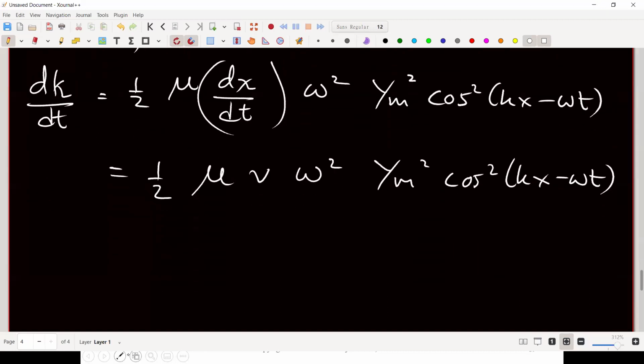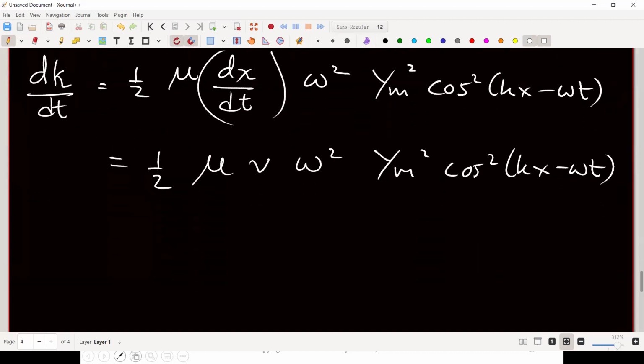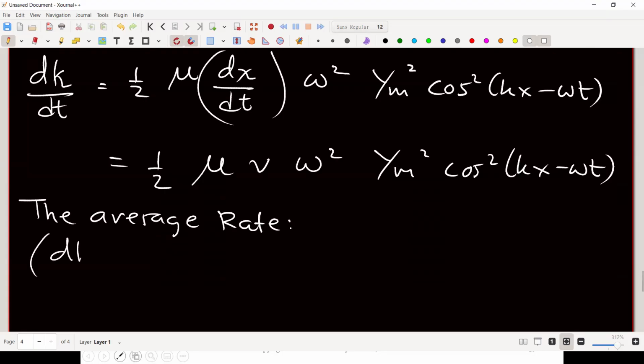Okay, so the average rate: the kinetic energy rate dK/dt average is equal to the average of cos square. The average of cos square is half.